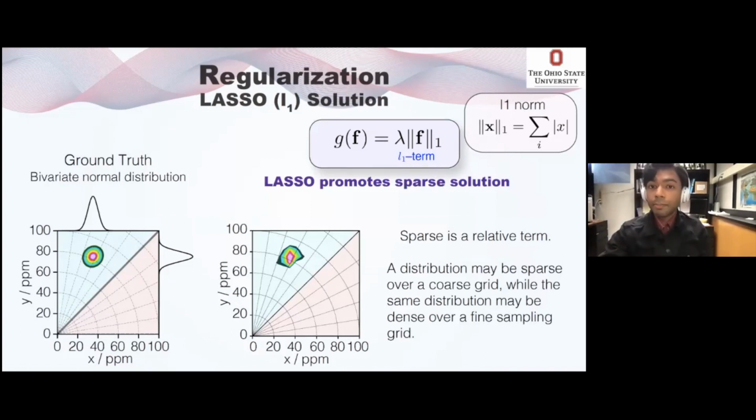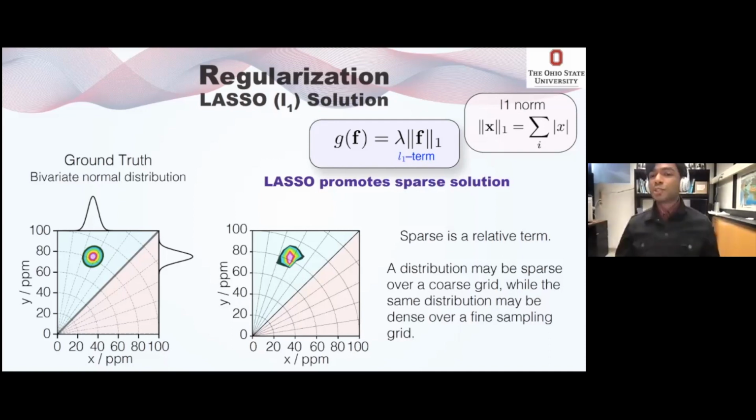Now, when we apply this regularization, we see a significant improvement in the solution. We have no negative amplitudes, and the solution is approximately centered about the desired positions.